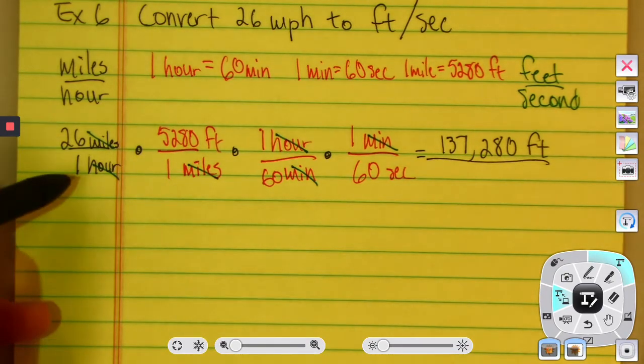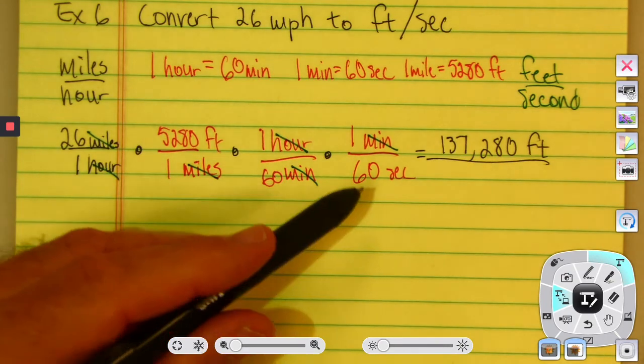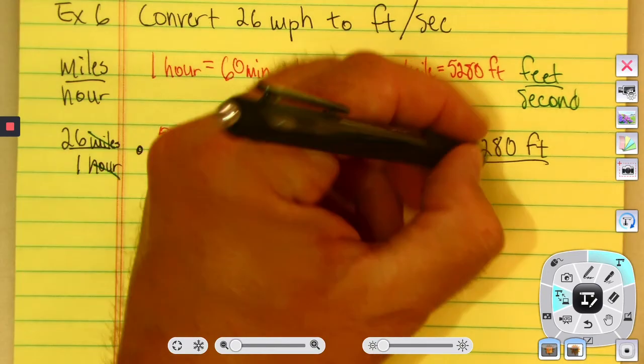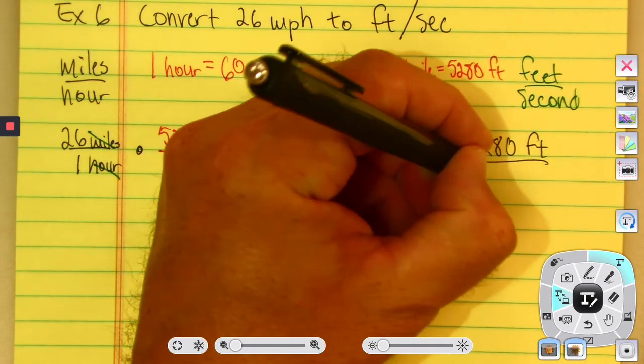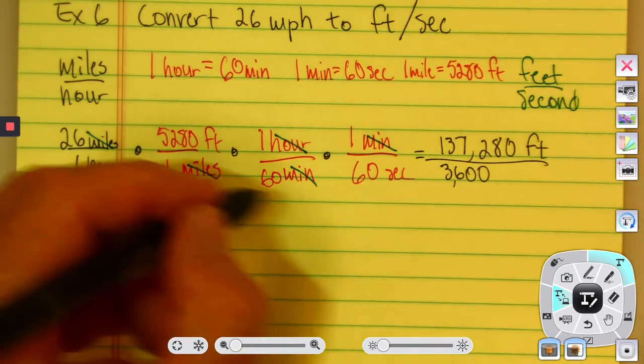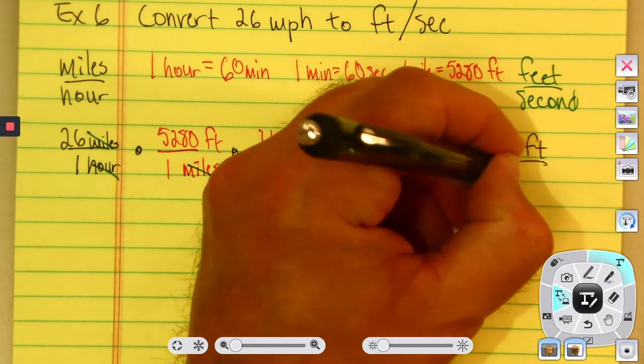Now, I multiply 1 times 1 times 60 times 60. Well, 60 times 60 is 3,600. I've canceled hours, miles, minutes. I'm left with seconds.